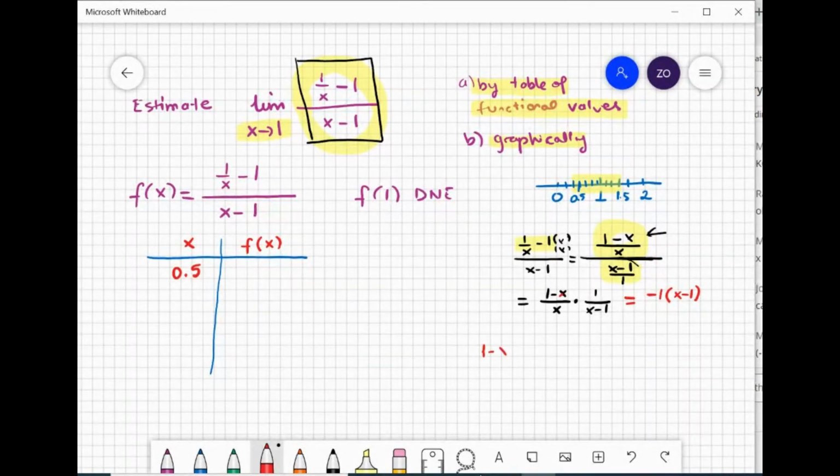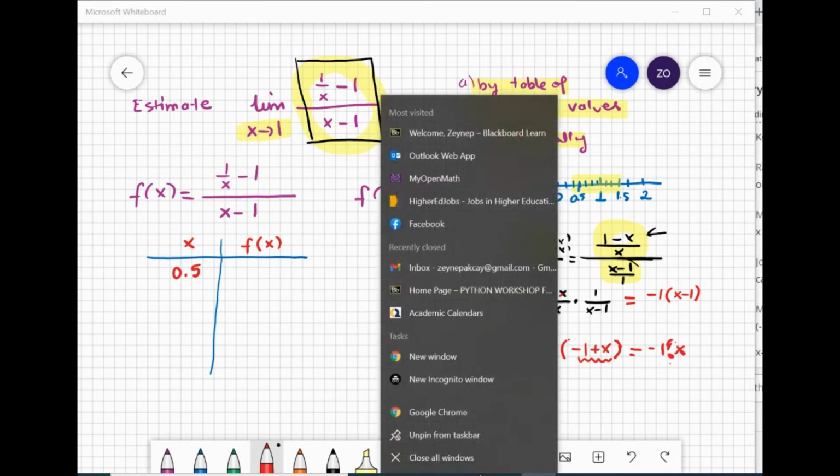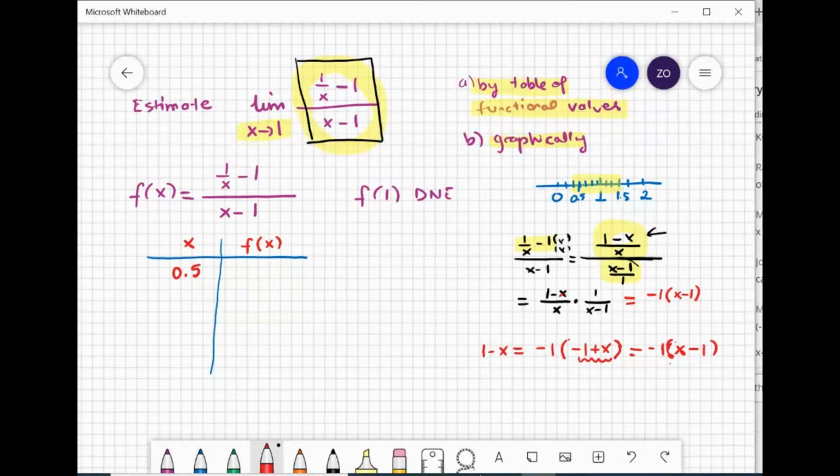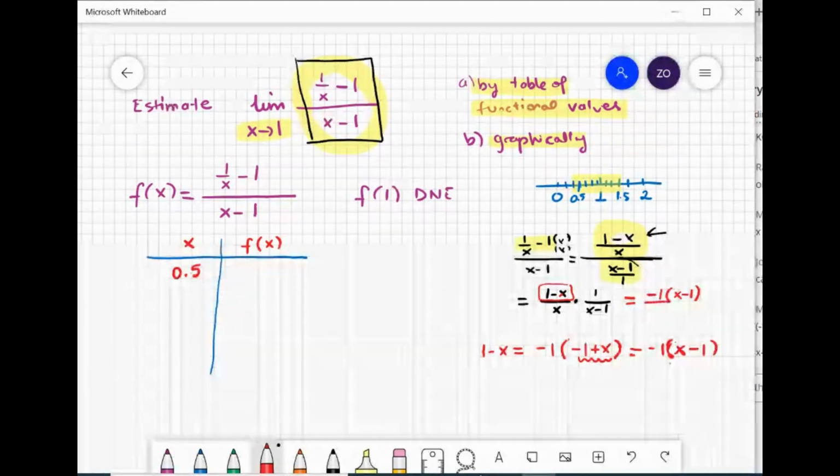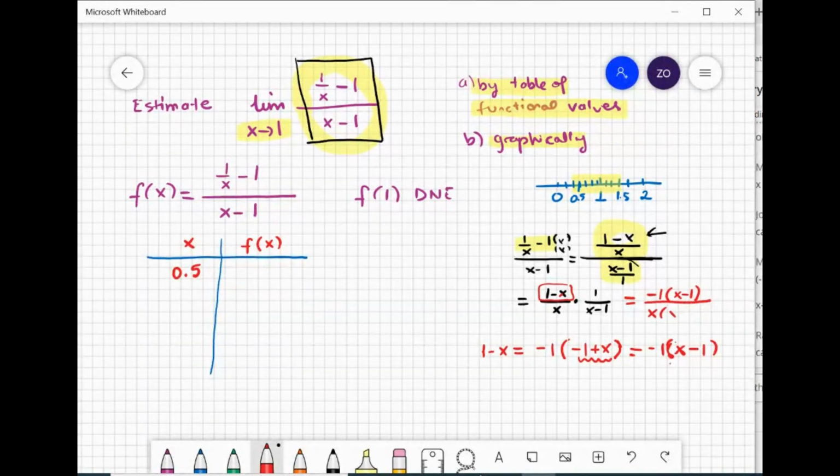So when you factor out a negative 1, that's right, we will have negative 1 plus x. So when you factor out, divide both terms by negative 1, and you can change the order, negative 1 times x minus 1. Okay, so this thing equals negative 1 times x minus 1, and in the denominator we have x times x minus 1.